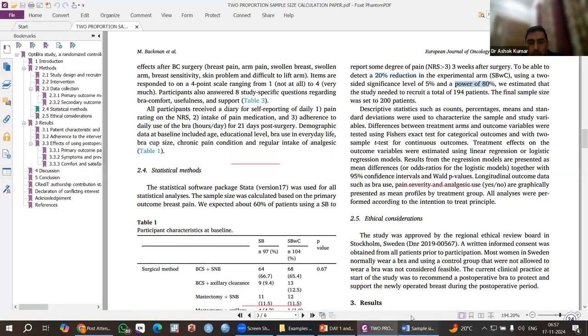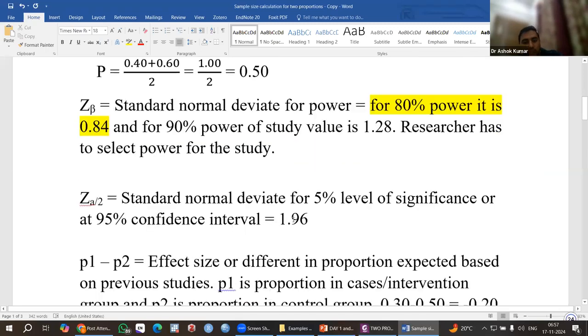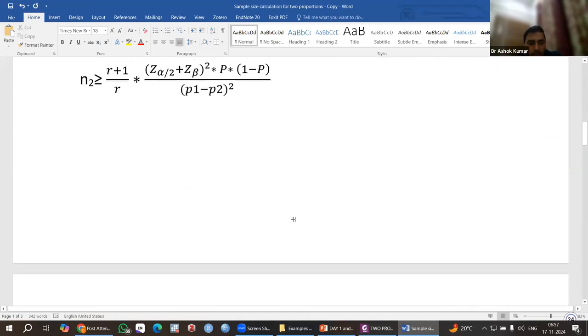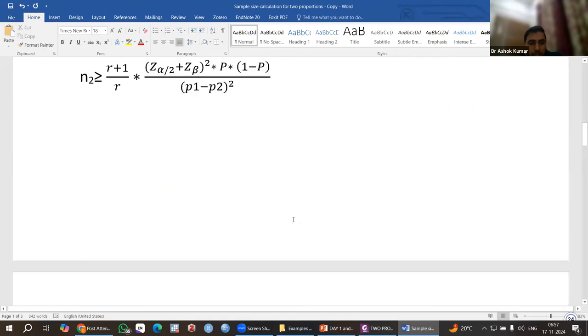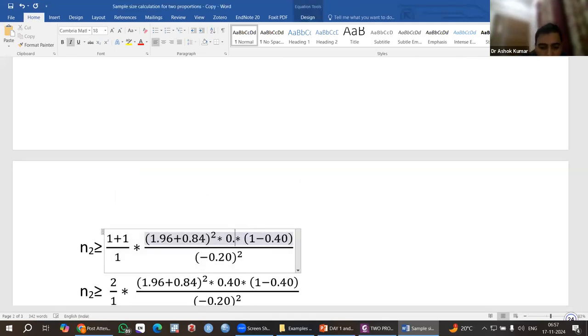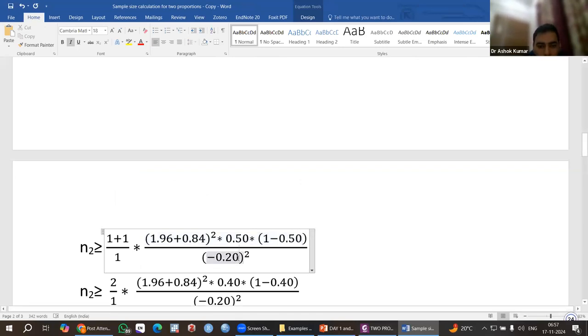So in the example, we have already taken 80% power. So all the things are similar, but what do we have to do here? This is similar. This is 40%. This is 50. You can see here, this is again coming 50. Then this is P1 minus P2. So it is coming like this, minus 0.20. Very good.